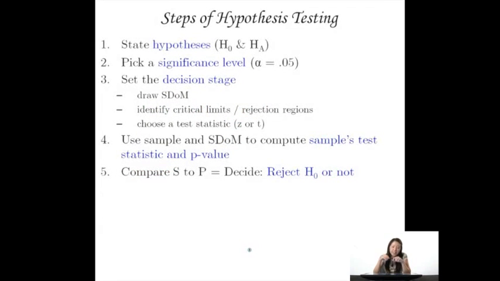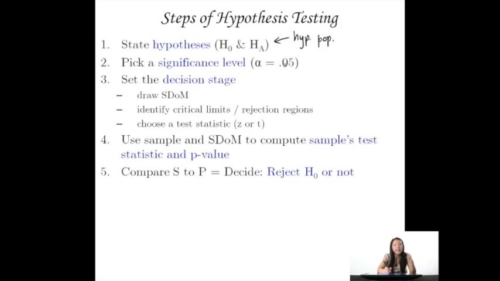All right, so now let's talk about the steps of hypothesis testing. Well, there are going to be 5 steps, and the first step just starts off with setting up your hypothetical population, right? So this is the hypothetical population, and you need to create both a null hypothesis and an alternative hypothesis.